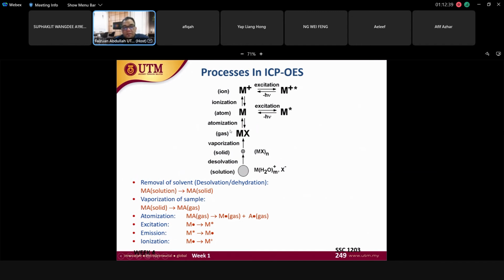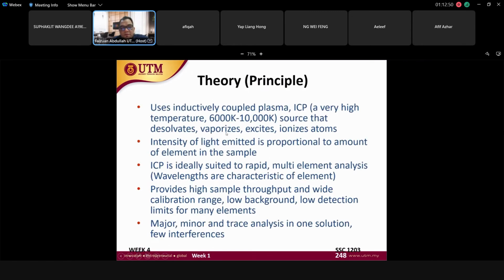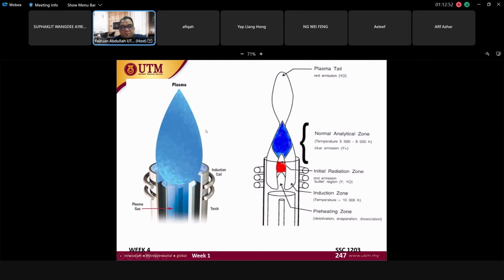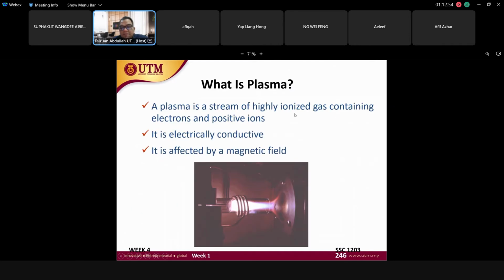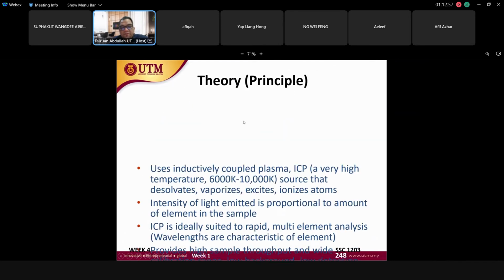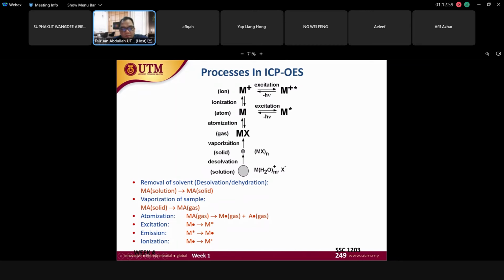Vaporization happens, atomization also happens, then it is heated further into the ionization stage. Plasma is a stream of highly ionized gas. So the heating continues after atomization into ionization. That is different; it doesn't stop at atomization but continues with ionization.